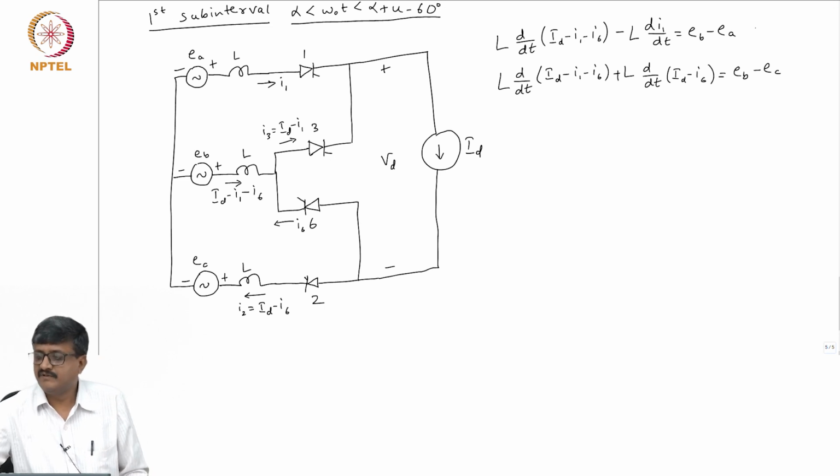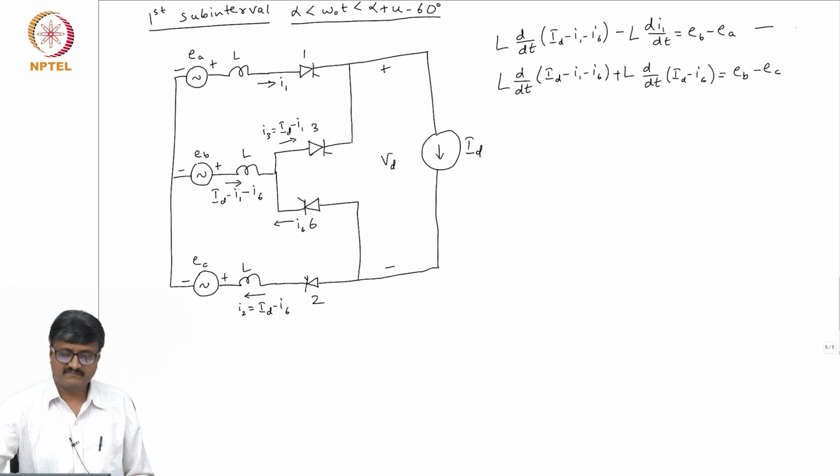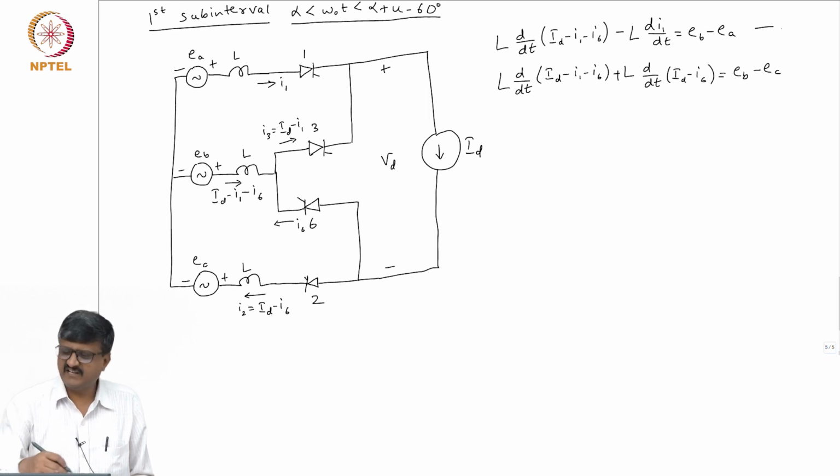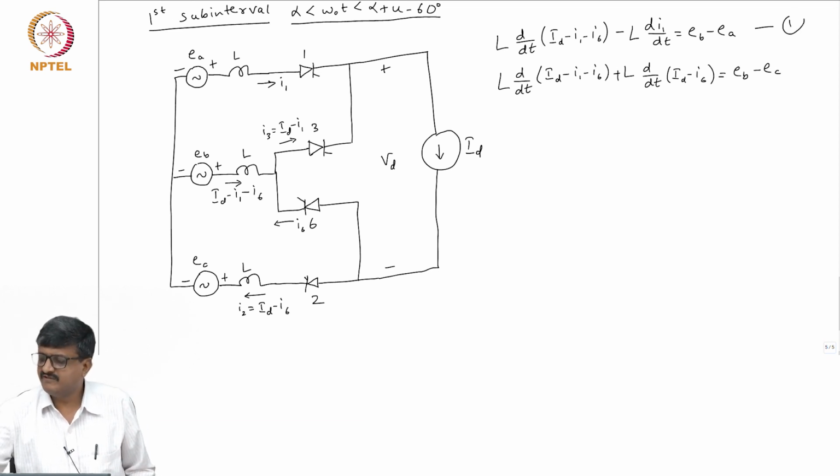So, I am getting 2 equations here. There are 2 unknown quantities I1 and I6. I have not written in terms of I3 and I2, it is not necessary. Once I know I1 and I6, I can get I3 and I2 because ID is known. So, I will call this equation 1 and this equation 2.